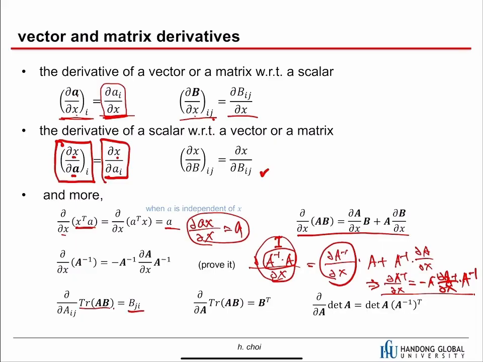So it's kind of a transpose. And we can take a derivative of the trace of A times B with respect to A, then we get B transpose. Okay, and also when we take a derivative of the determinant of A, then the result is the determinant of A times A inverse transpose. Okay, this is pretty much all we need, actually this is a little more than we need.